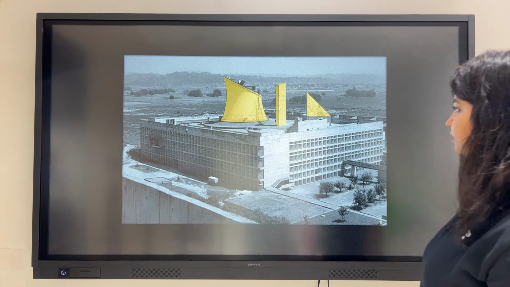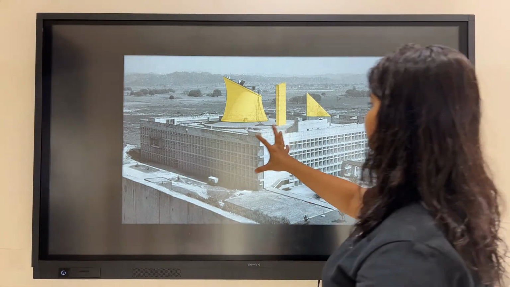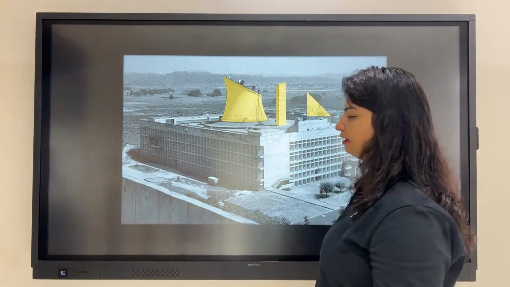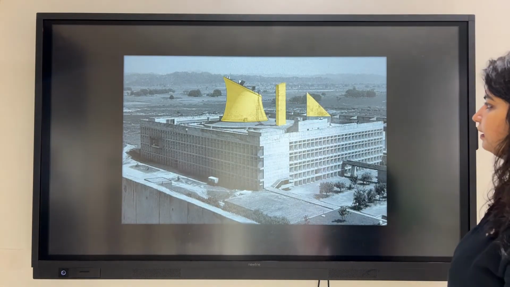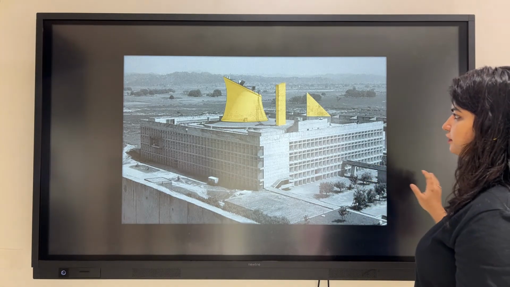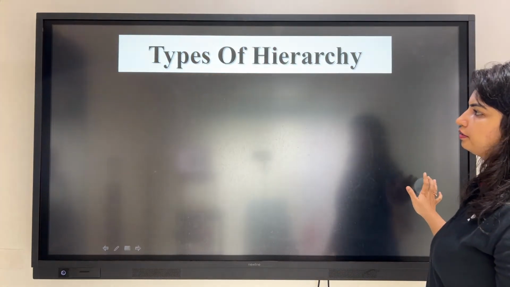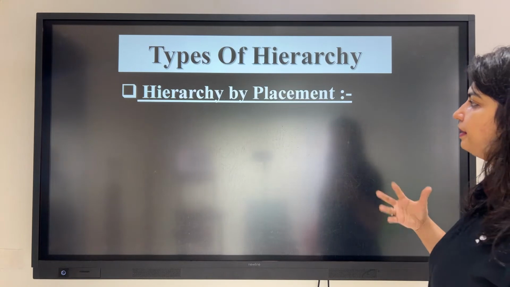Here also, as you can see, the highlighted things are creating the hierarchy, and that too in shapes. The shapes are getting changed: small, smaller, smallest. Now hierarchy by placement.